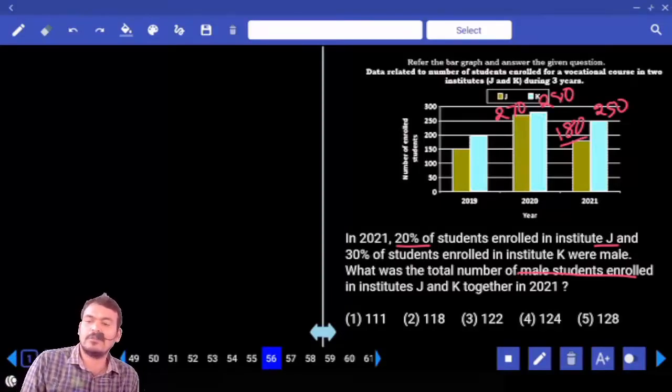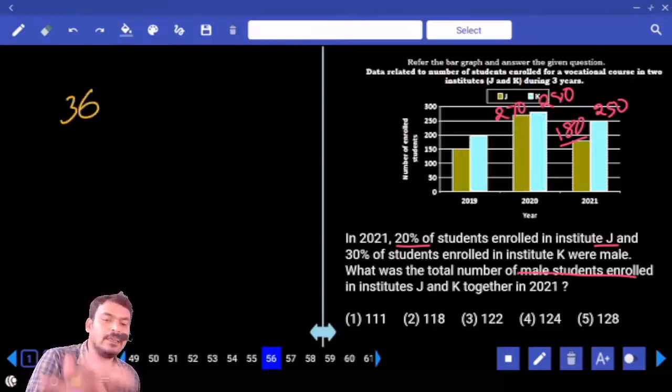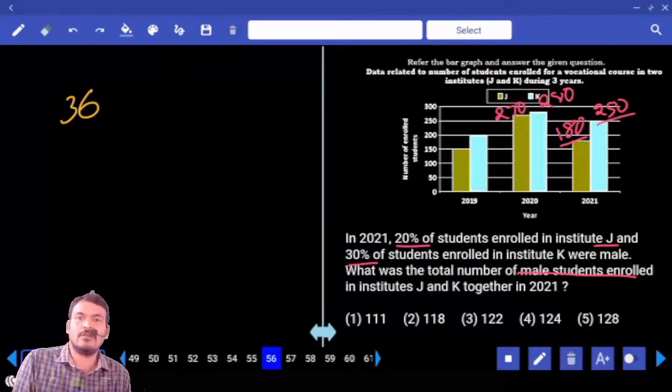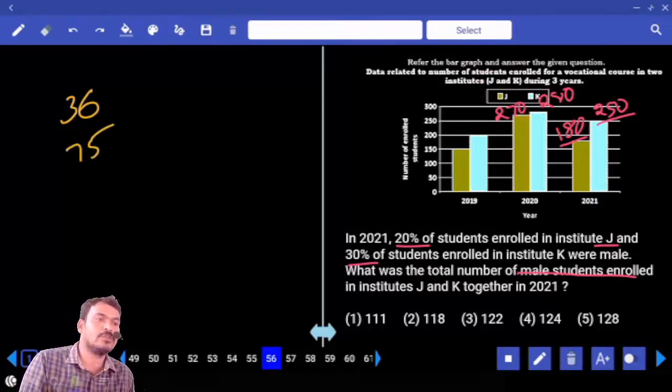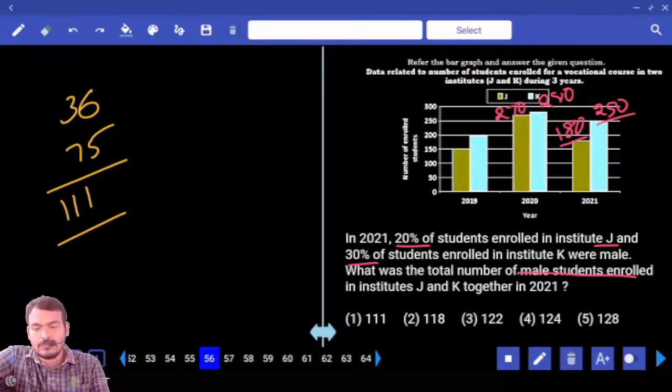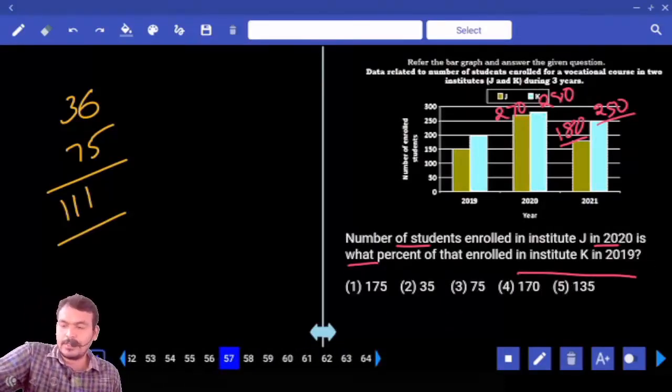In that how much percent? 20%. What is 20% of 180? 36. Next, out of the 250 how much percent? 30%. What is 30% of 250? 75. Both added give 111. Which option? First one.